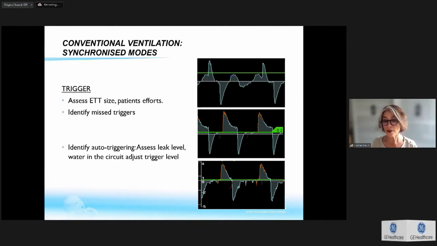When the pressure drops, the pressure in the lung of the patient is lower than the one that you have in the machine. So automatically you have some gas going from the highest pressure to the lowest pressure. That's why you see some flow like that going here. Whenever the flow crosses the green line, the ventilator will know that the patient is taking a spontaneous breath, and the ventilator can synchronize with your patient.